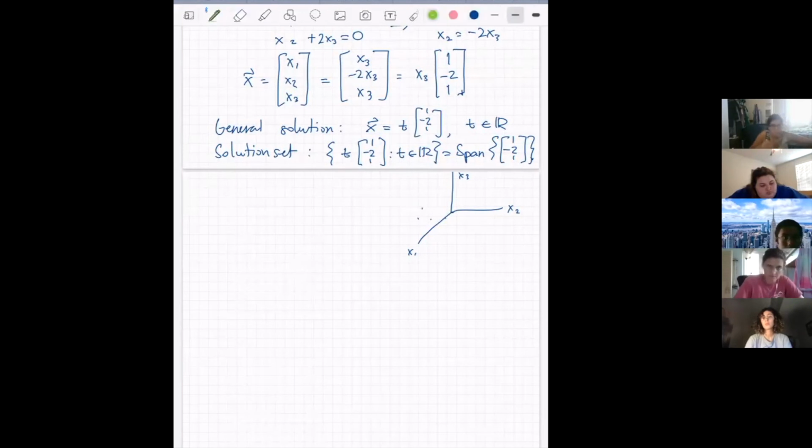I'll try to draw it a little bit better. There we go. Okay, so a line in R3, this will be your solution set.